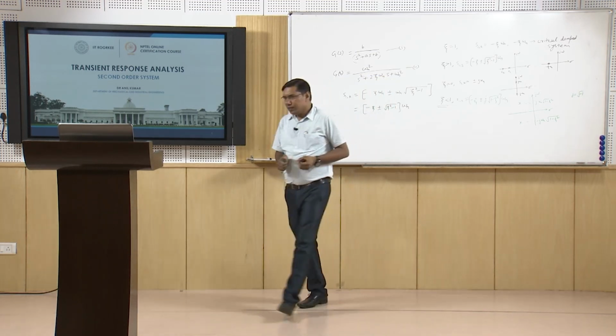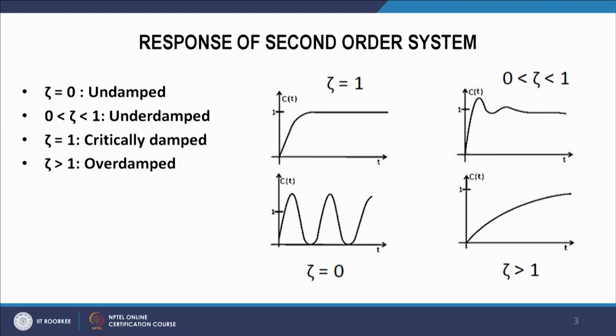And we can see here the response of these systems. So here is zeta equal to 1, we can see the critically damped system. So zeta equal to 1, the first one, we have equal and real roots. So here the response of the system, this is for the critically damped system.